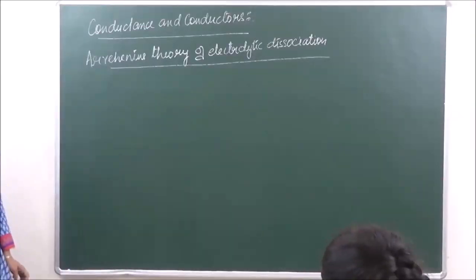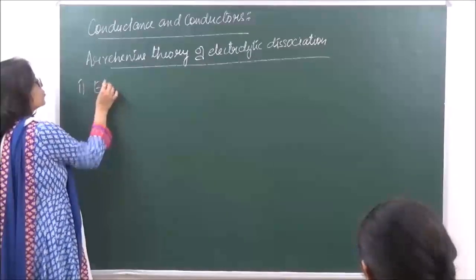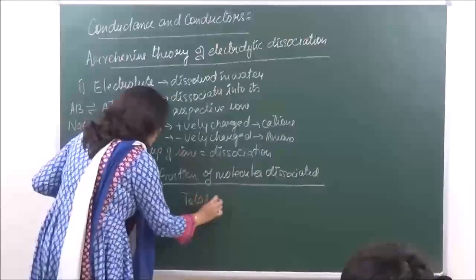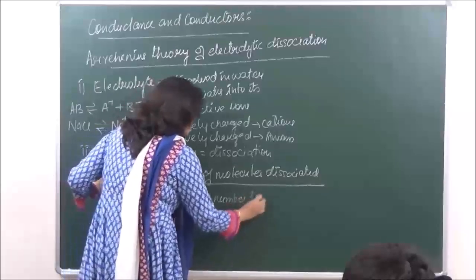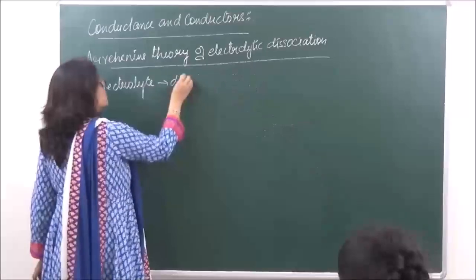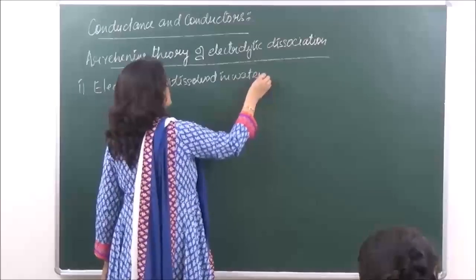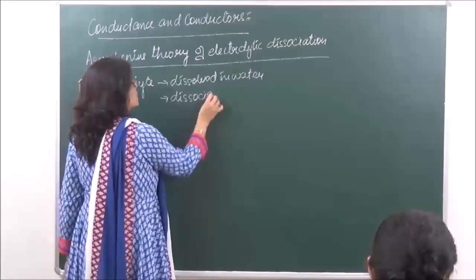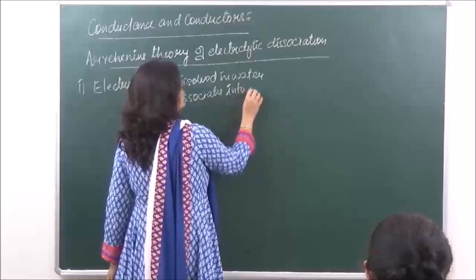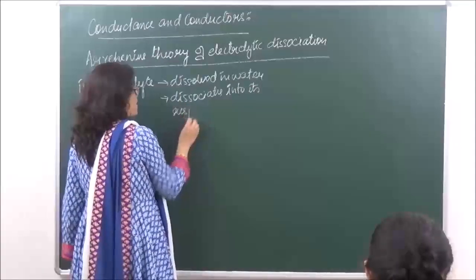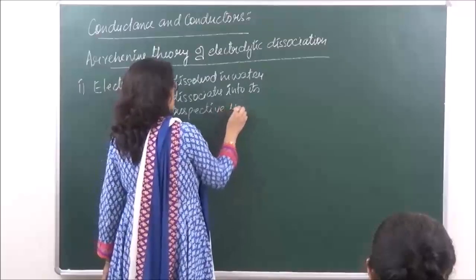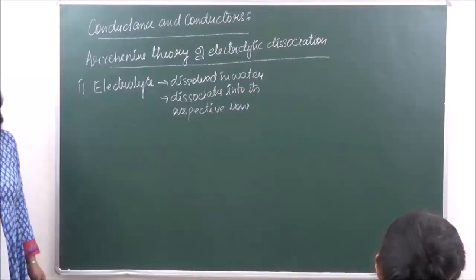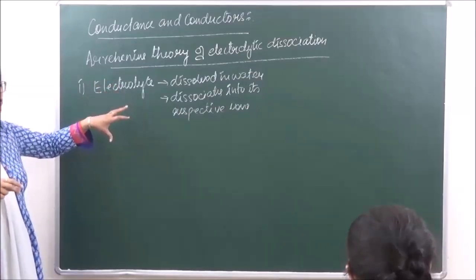The first postulate of this theory is that whenever an electrolyte is dissolved in water, it dissociates into its respective ions.